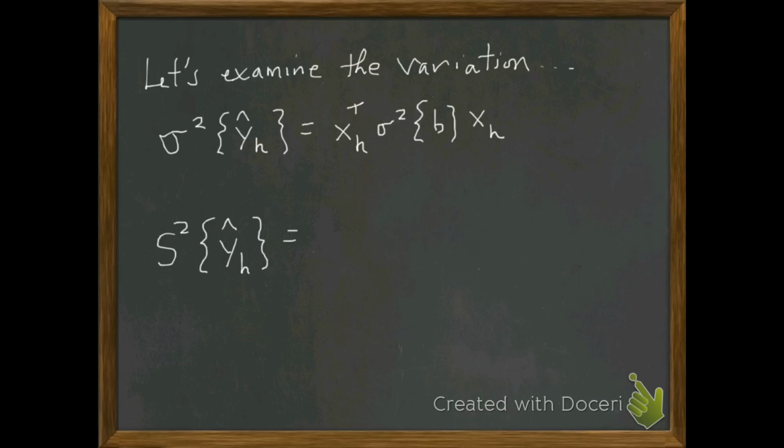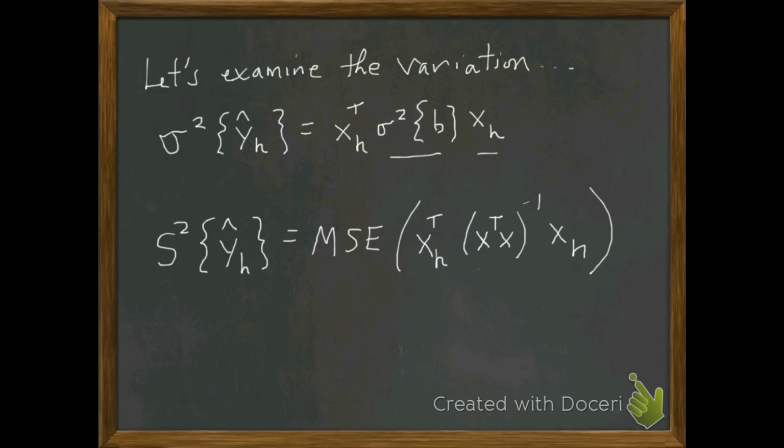It is going to be our mean square error times our X transpose h times, this bar right here is going to be our X transpose X inverse, times X h. Yes, yeah, okay, perfect.